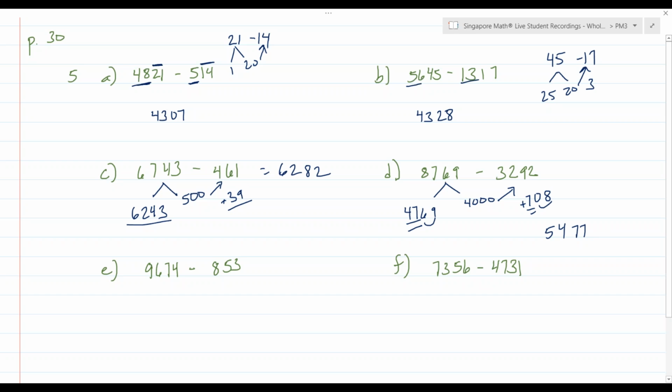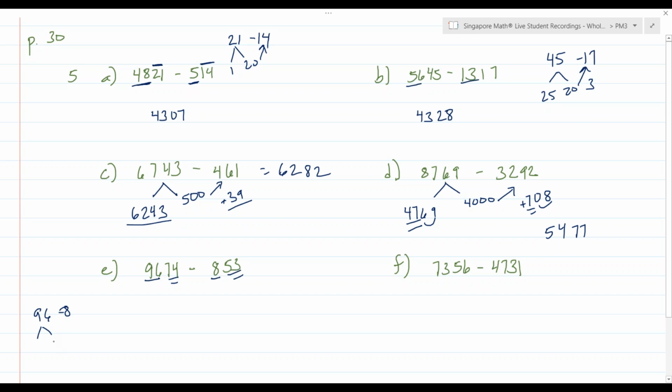There are some, even with writing a little bit down, there's some really great ways to solve these problems, and I would still call that mental math. You're still thinking about it mathematically. That's good stuff. Then I look at letter E, and I notice that I could do 9,600 minus 800 and 74 minus 53. 96 minus 8.